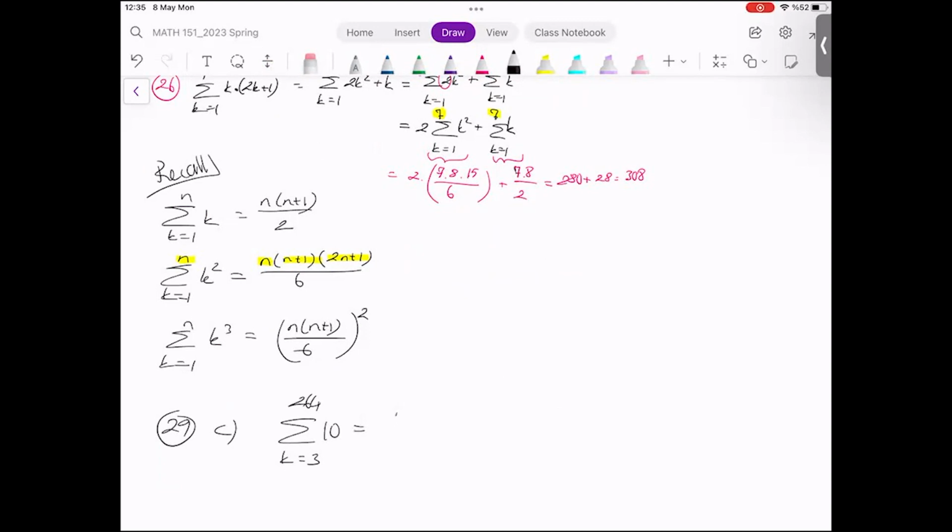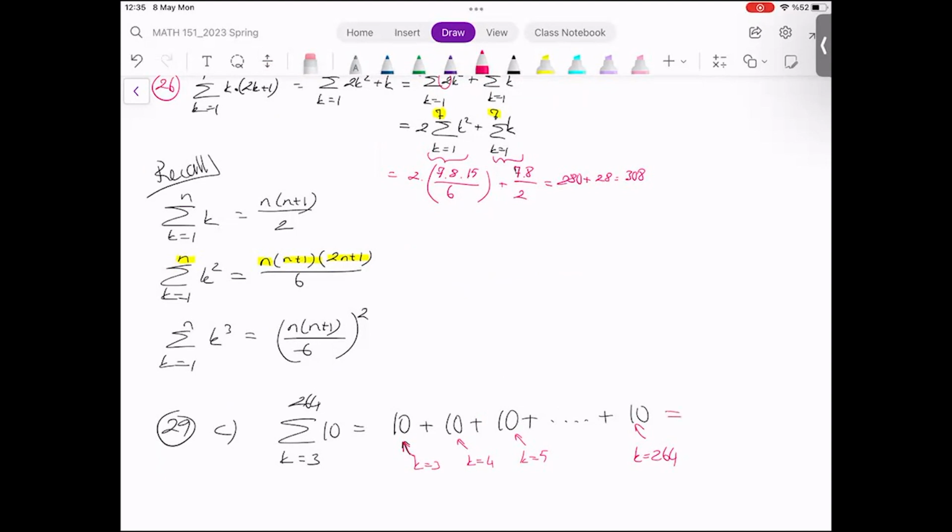I write 10 for k equals 3, another 10, another 10. For each k, you keep writing 10. This is for k equals 3, k equals 4, k equals 5, and it continues up till k equals 264. You see, I write 10 over and over again.